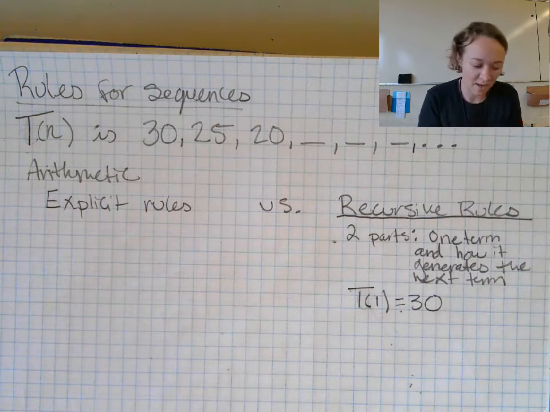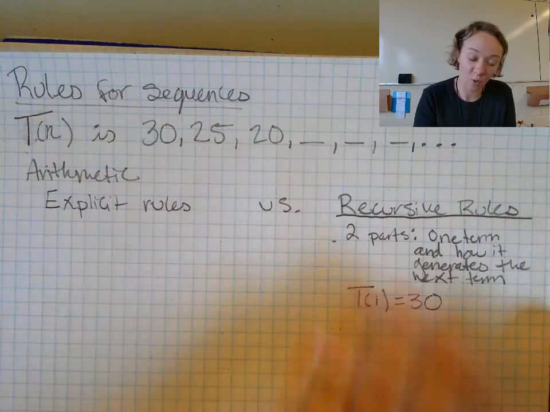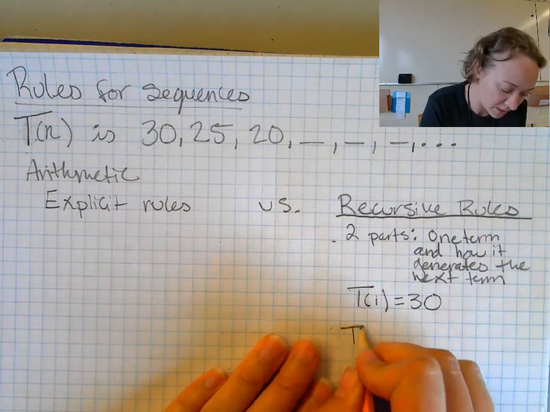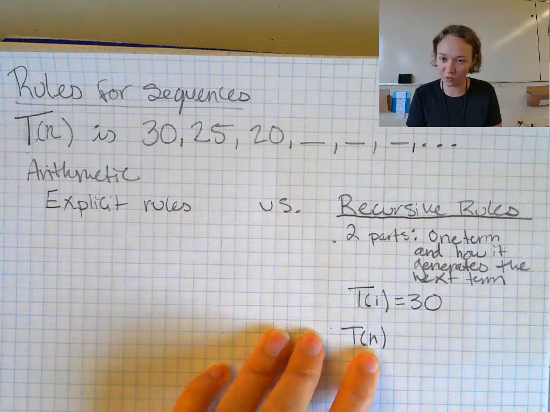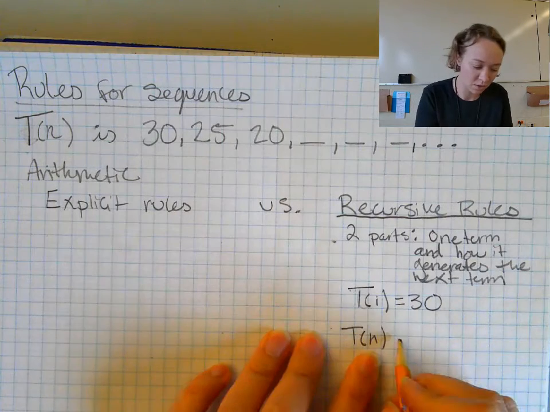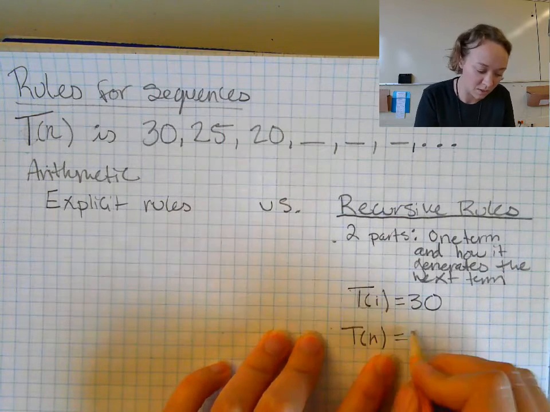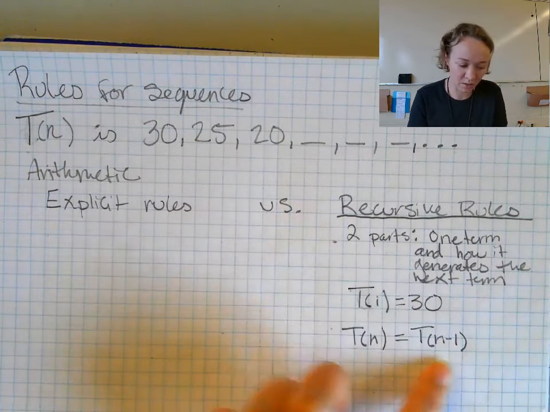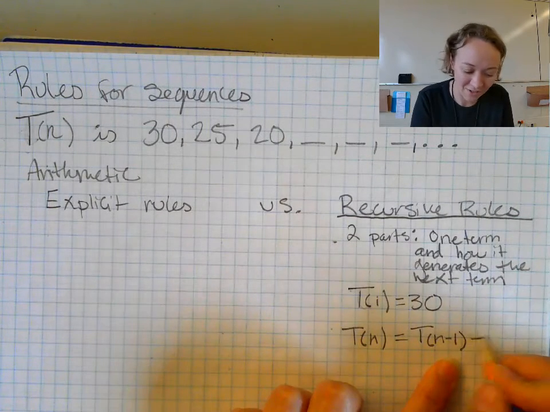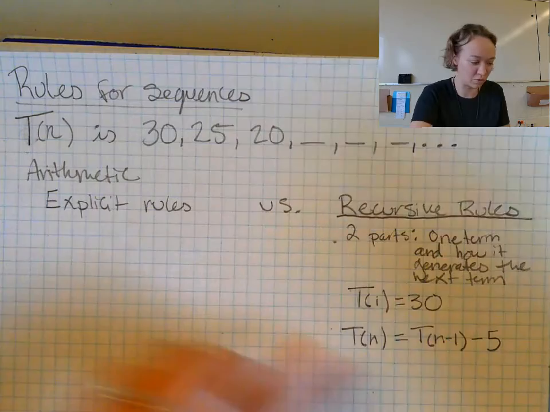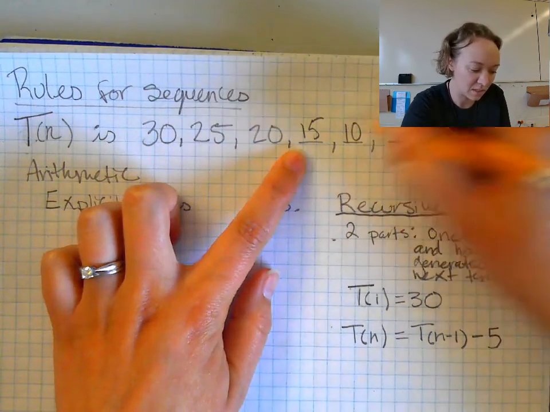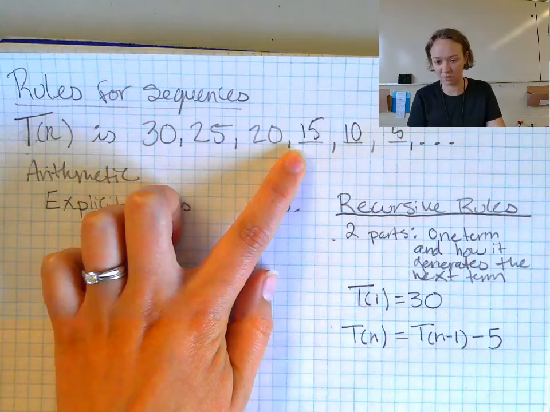And then you would say how we generate the next term, so t of n, how you get the next term, would be t of n minus 1, and then minus 5. Because hopefully you agree that what we were doing here is subtracting 5 each time: 15, 10, 5, like so.